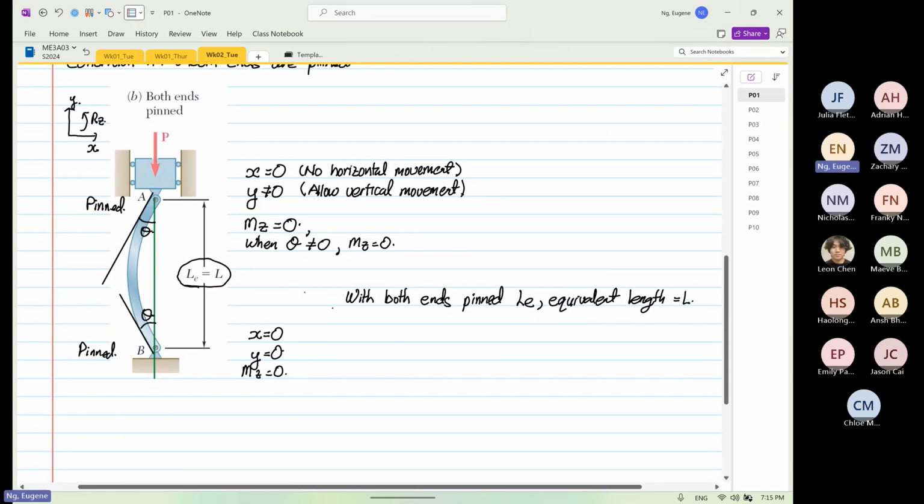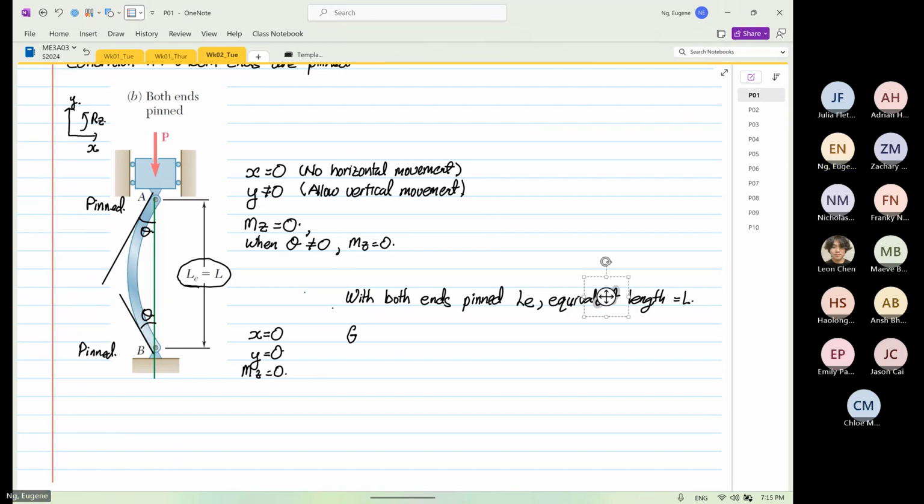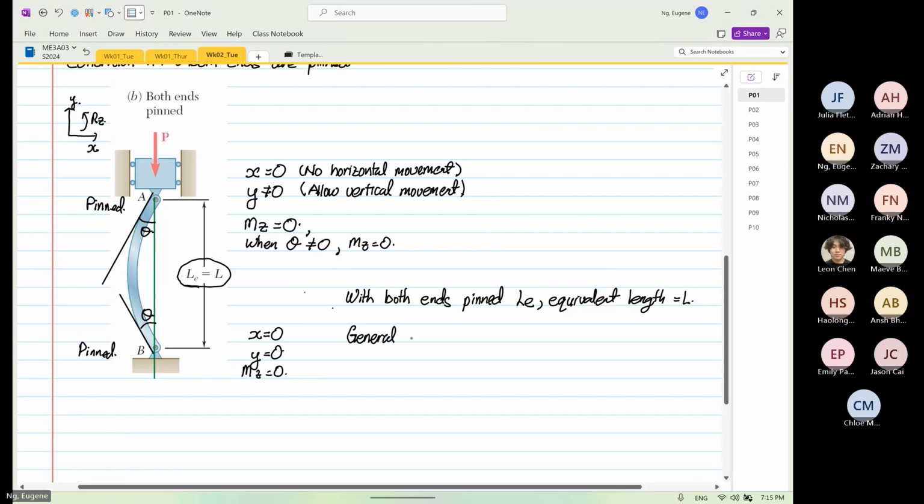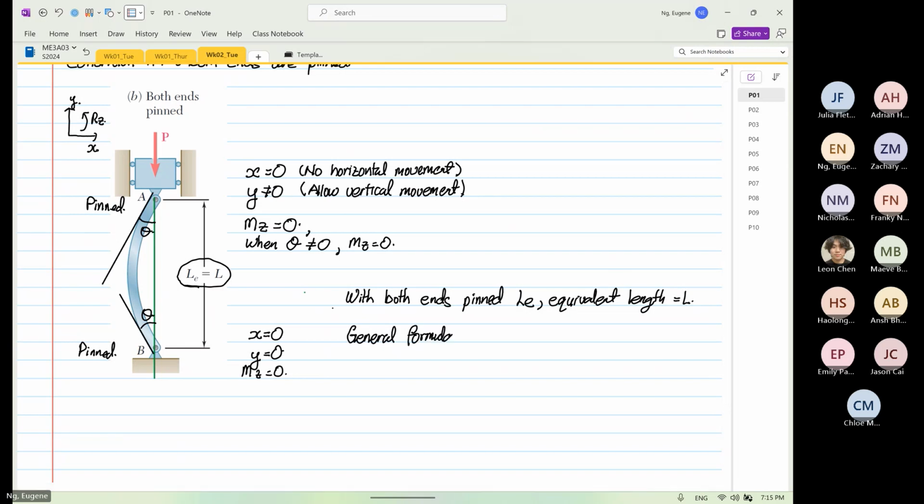If we look at the general formula for buckling, we know that the critical load is equal to pi squared EI over LE squared, where LE is the equivalent length. Likewise, the critical stress is equal to pi squared E over (LE over R) squared.